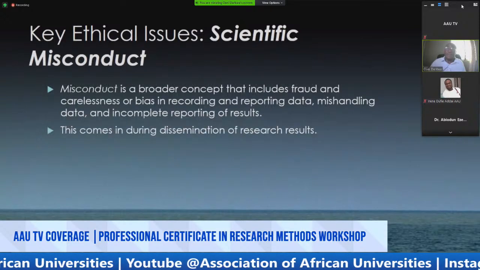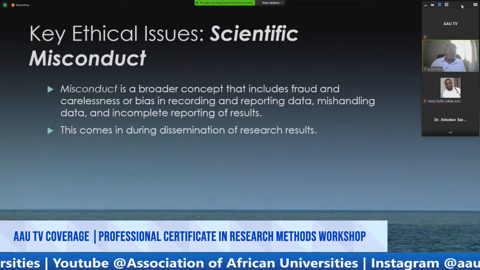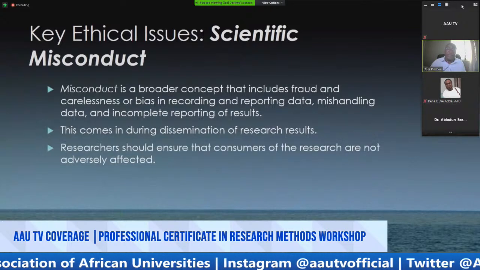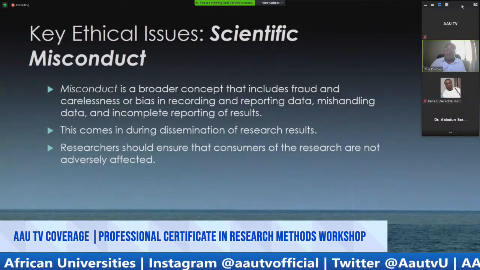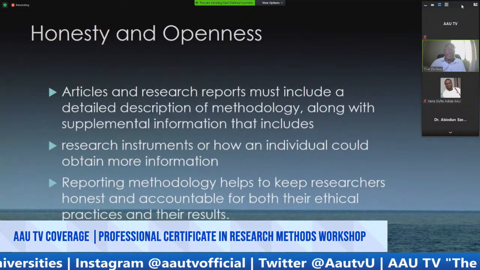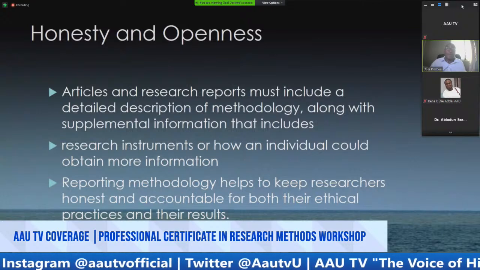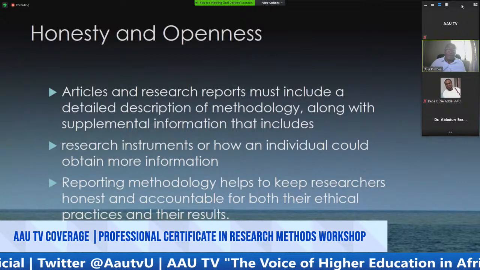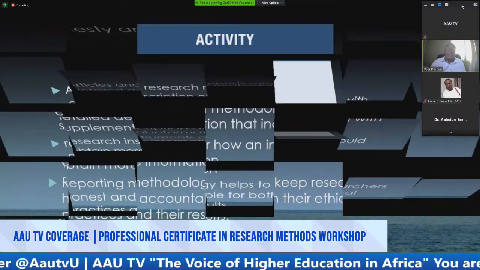And sometimes there are consequences. Sometimes people even strip people's degrees when they realize that the information they used was falsified and things like that. The requirement is honesty and openness, especially when it comes to publications and things like that.